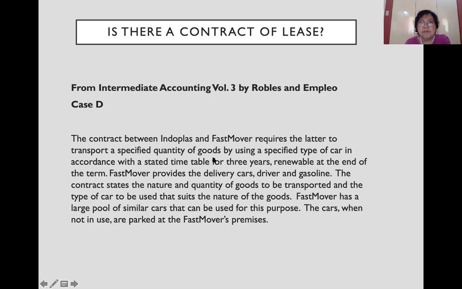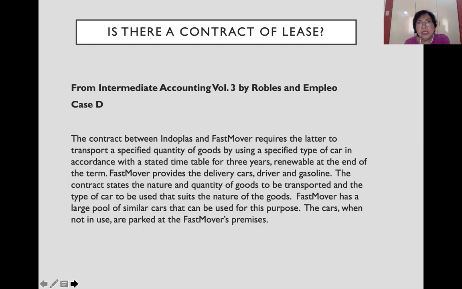Therefore, this is simply a contract of transporting the goods of the customer, probably to its respective customers also. Therefore, this one is actually a contract of freight. So this is out of the scope of IFRS 16, and probably from the point of view of Fast Mover, this will be under IFRS 15.